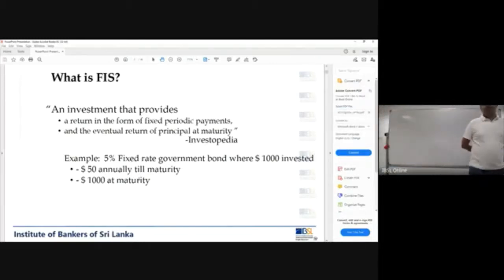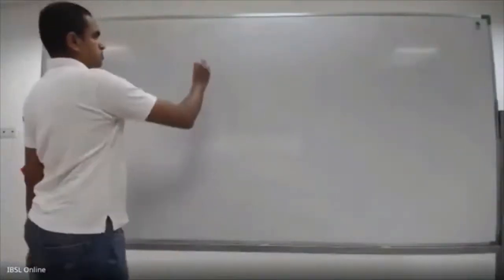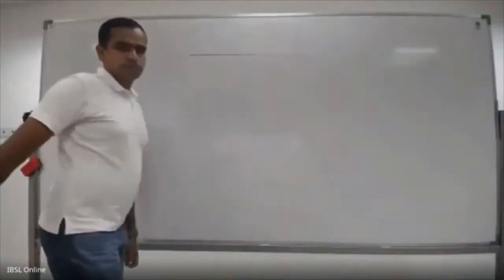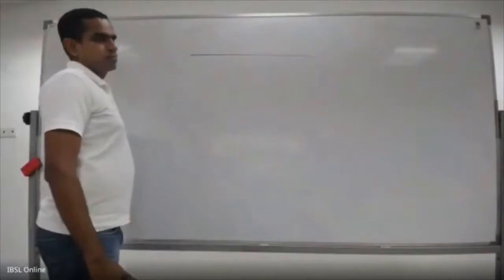Example, a 5% fixed rate government bond, where $1,000 is invested. Let's say this is a 2-year bond.